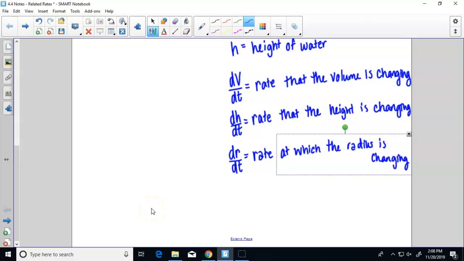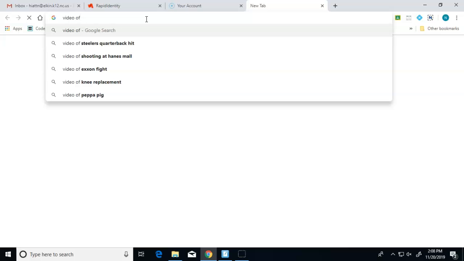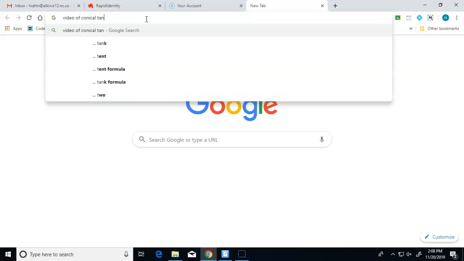It would be good if I had a cone I could actually fill up with water and we could watch this happen. Give me just a quick second. I feel like there's got to be a YouTube video of this cone. This is a very typical calculus problem. Let's see.